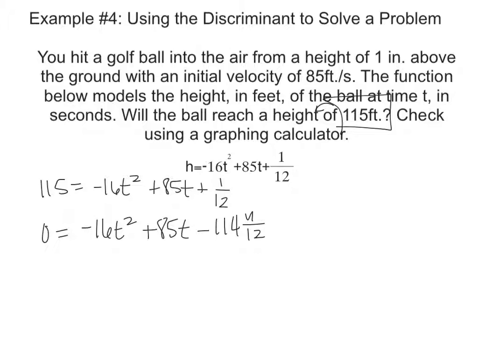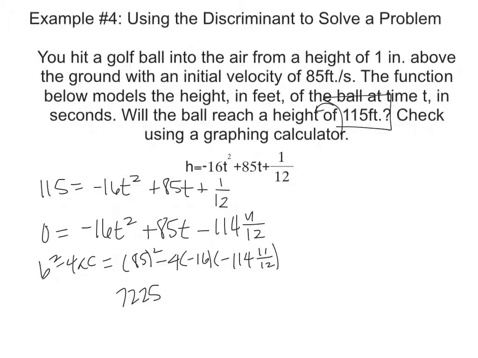Now from here, we're going to do the discriminant, b squared minus 4ac. So b is 85, so 85 squared minus 4 times a, which is -16, times c, which is negative 114 and 11/12. Let's figure out what that is in my calculator. 85 squared is 7,225. Negative 4 times negative 16 gives me 64.